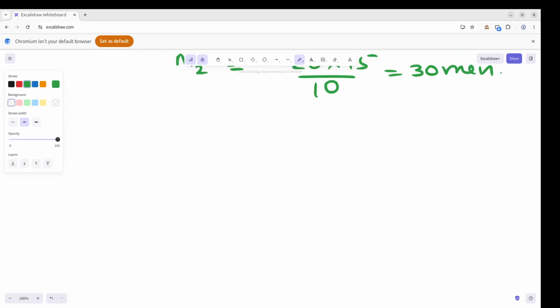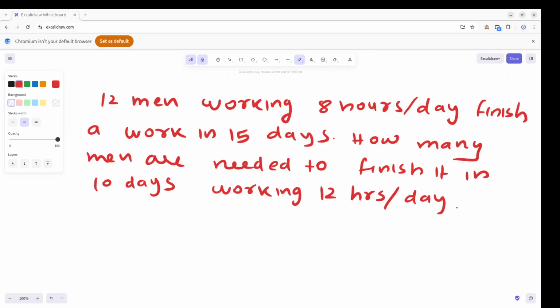Now let's look at another example. The question is: 12 men working 8 hours finish a work in 15 days. How many men are needed to finish it in 10 days working 12 hours per day? So it is a men, days, hours problem. First let us write the formula M1 D1 H1 equals M2 D2 H2.